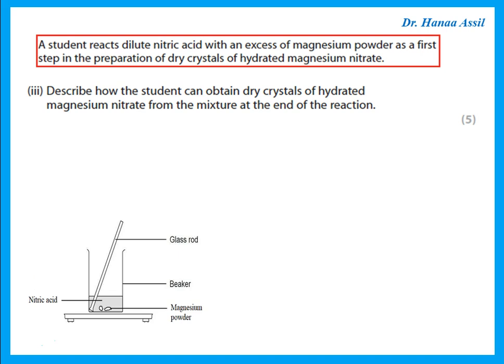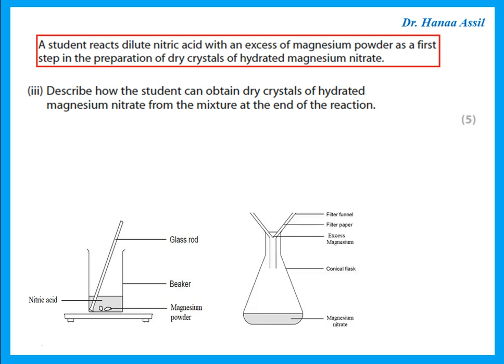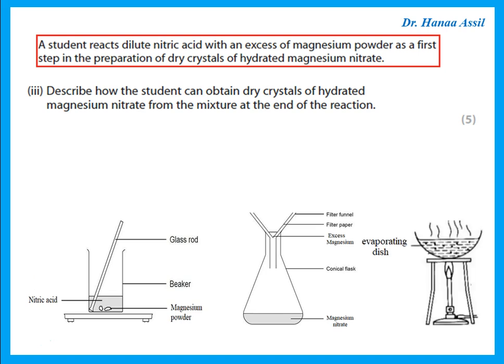Well, I have excess magnesium in the beaker, so the first thing I should tell him to do is filter to get rid of the excess magnesium. Now, the filtrate in the flask will be my magnesium nitrate. I can take it and do crystallization and should get crystals from that solution.